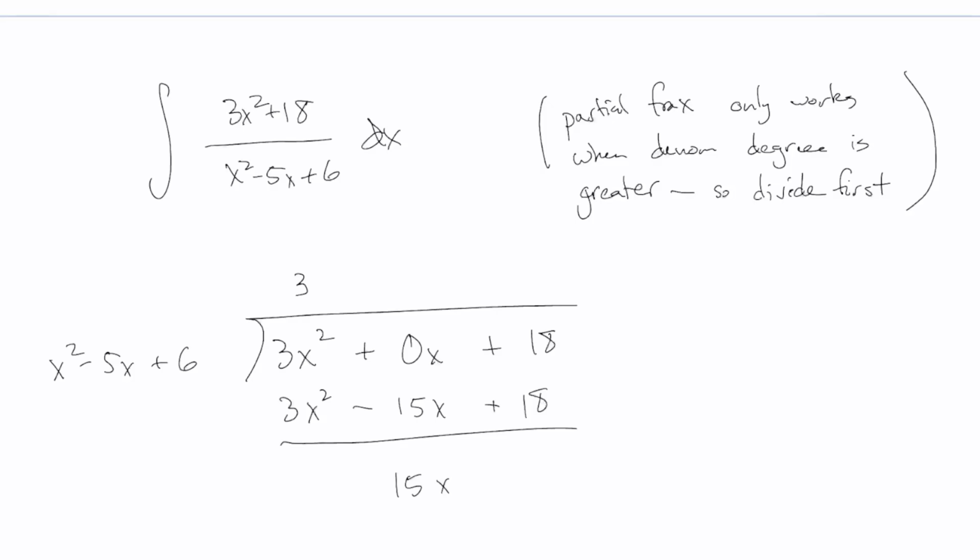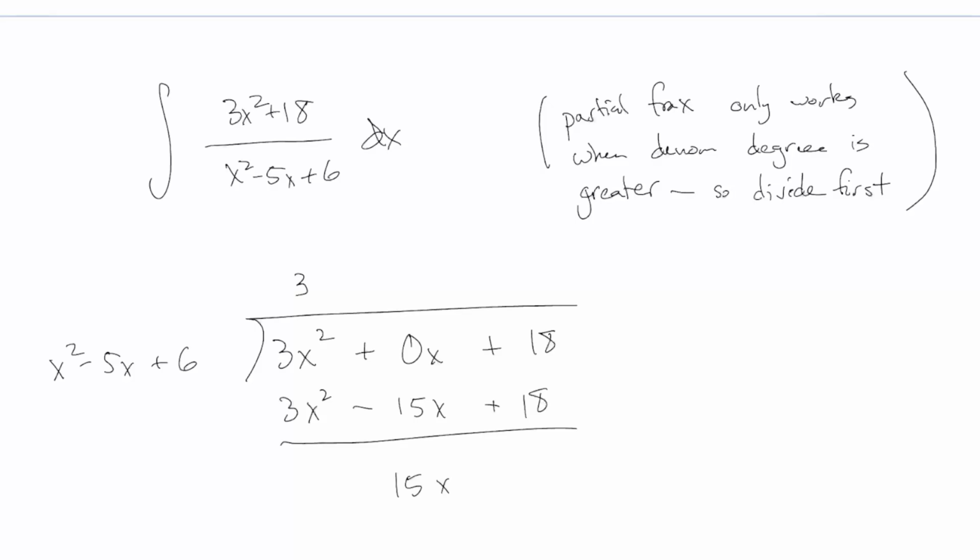And then the plus 18s also cancel. And I think that's it. This is the end, because what I have here is going to be the remainder. Its power is now less than what we're dividing by. You only have to do one step here. If the degrees are equal, this long division only takes one step.